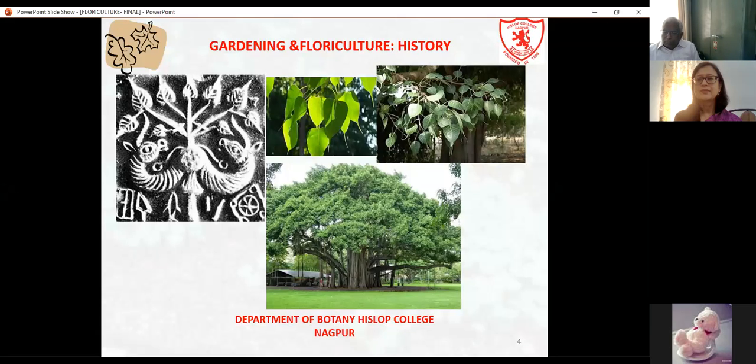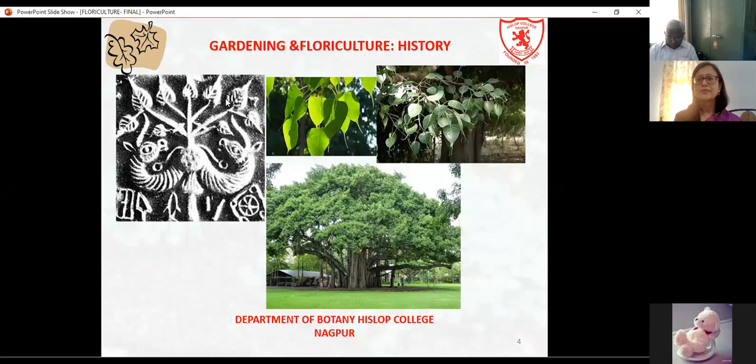Because it is evident from excavated seals at Mohenjo-daro and Harappa. I am very sure all of us have heard, whether we belong to any discipline, about Mohenjo-daro and Harappa. If you look at this slide, you can see this seal, unearthed from the Mohenjo-daro civilization. As you can see, plants, some leaves, along with some animals are depicted in this seal.